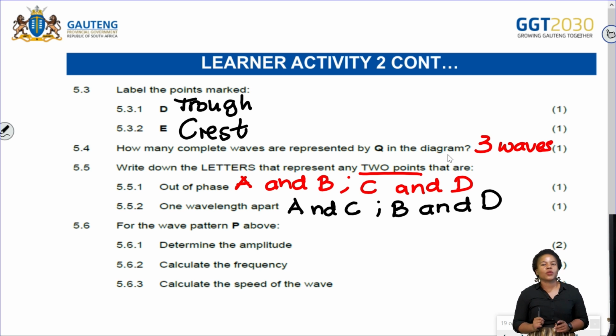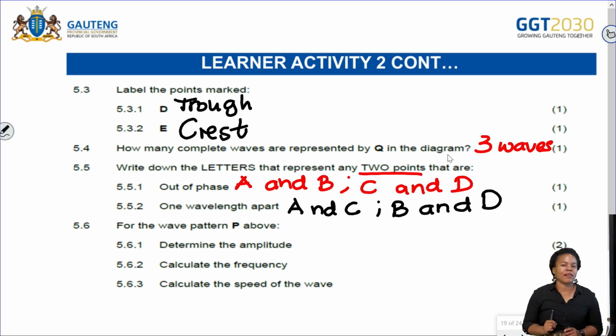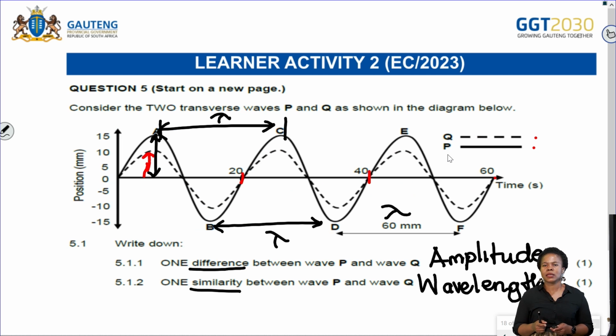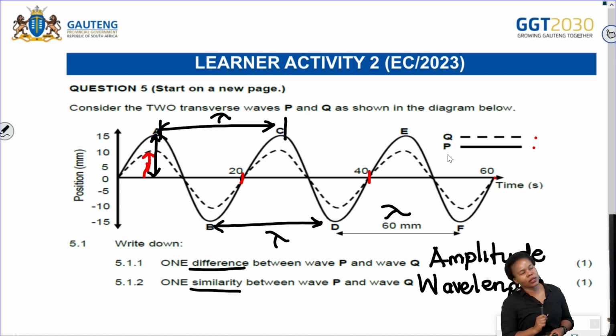5.6. For the wave pattern P above, determine the amplitude. You are determining the amplitude for wave P. Let's just go back a little bit. For wave P, here is your P. P is our solid line.